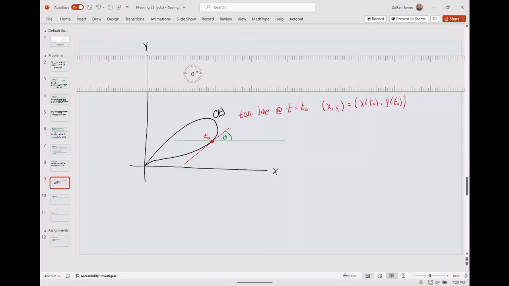But remember, how you draw your coordinate system doesn't matter. So I can essentially just look at the tangent line at that point. Now make that point the origin. Then I can think of this as kind of like right triangle trigonometry.